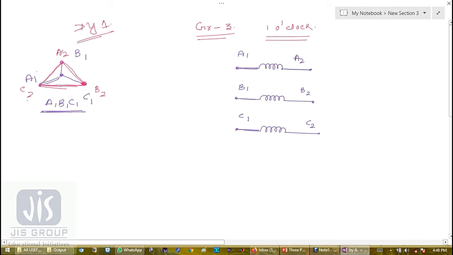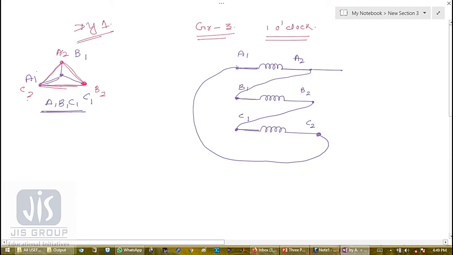So let's connect A2 to B1, B2 to C1, and then A1 to C2.